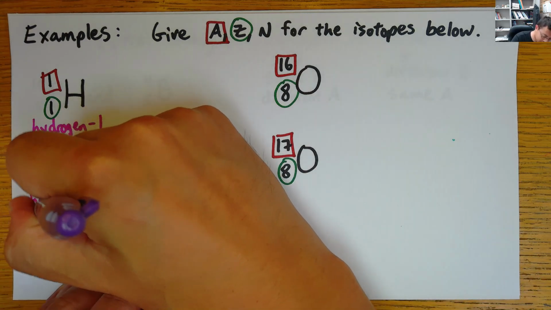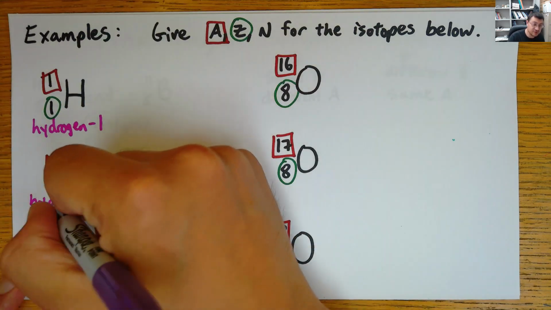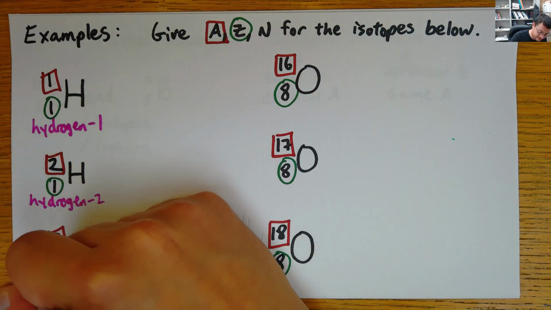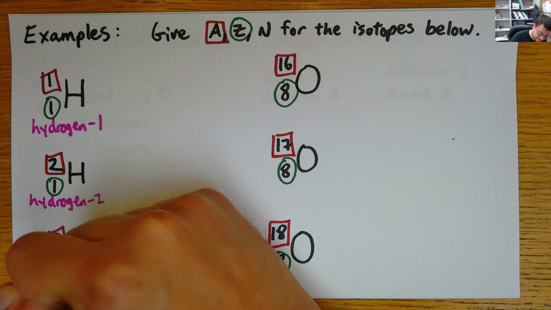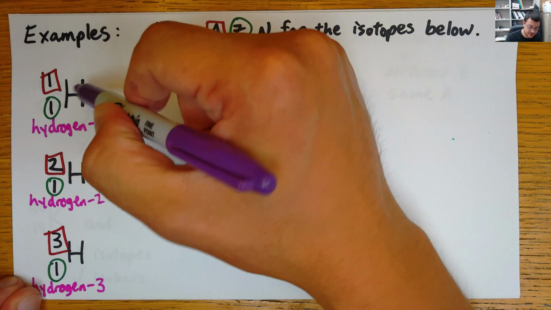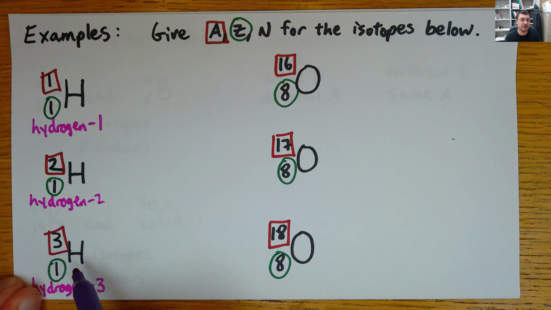Here we have hydrogen 2, also known as deuterium. And here we have hydrogen 3, also known as tritium. Right? But again, most hydrogen is in this form. These two, if you're curious about it, are stable, whereas this tritium is radioactive.